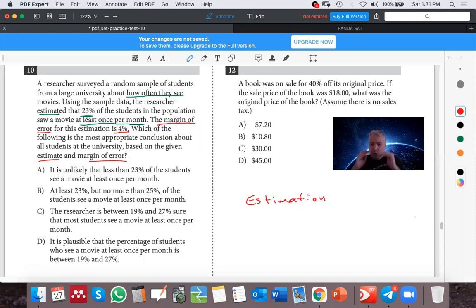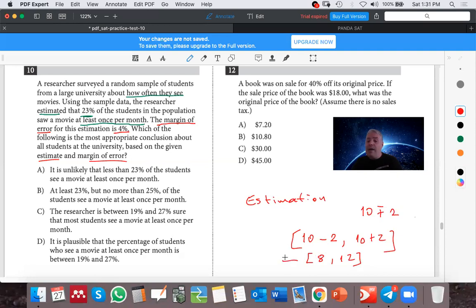For example, your estimation for any problem is, let's say, 10. When I say plus minus 2, I want to say this: 10 minus 2, 10 plus 2, a closed interval, which is 8 to 12.